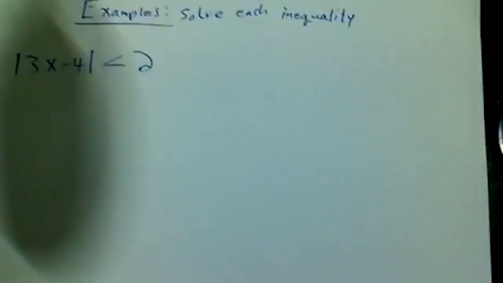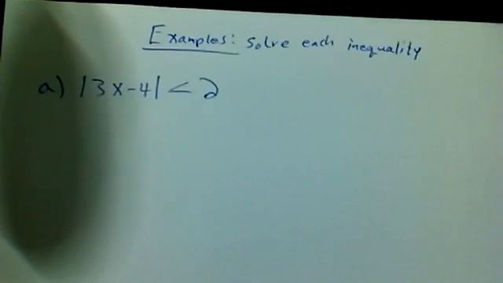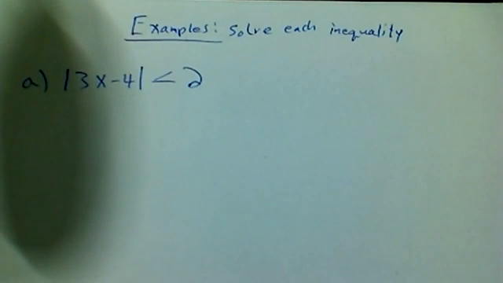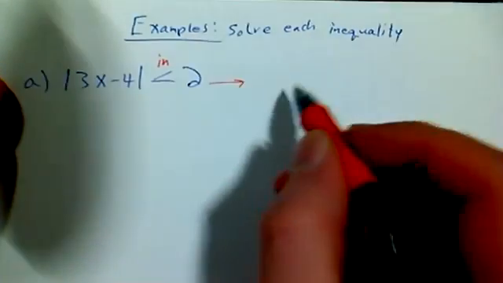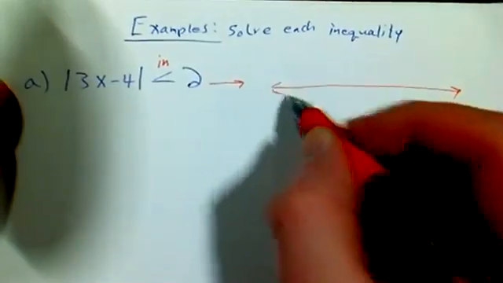So let's go to the examples. Solve each inequality. It's going to work just like it did before: I'm going to isolate the absolute value sign, which I have in this case. And I'm looking at this and saying, okay, this is less than, so this is an "in" situation. Now I'm going to give you a number line. It's not for x.